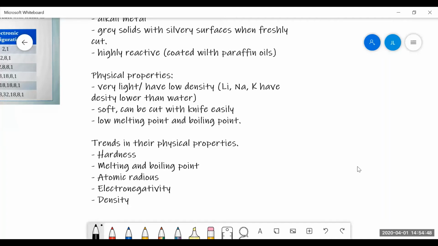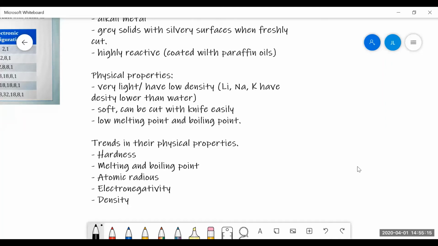Francium? Francium is hardest? Or lithium is hardest? Let me see. Lithium is hardest. Yes, lithium is hardest.